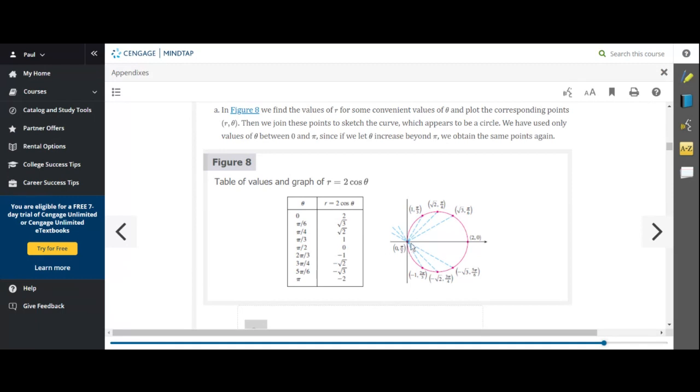And so that means you walk backwards. You look in the direction of 135 degrees, but walk backwards along that line segment, and that gets you at -√2, 3 pi over 4. And you can keep plotting points and keep doing this, and eventually you're going to end back at the polar coordinate 2, 0. And you've traced out a circle.